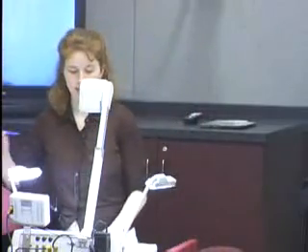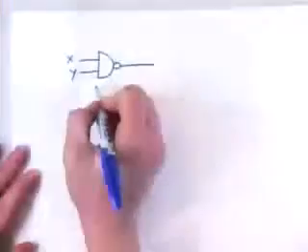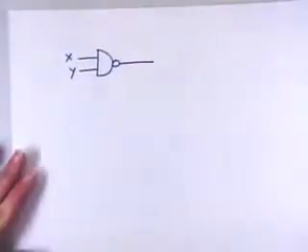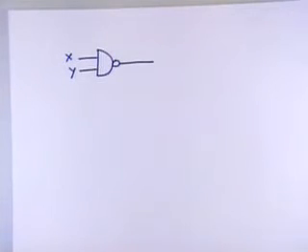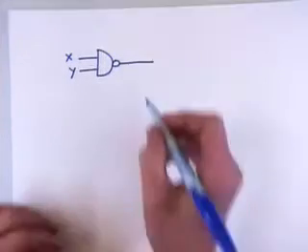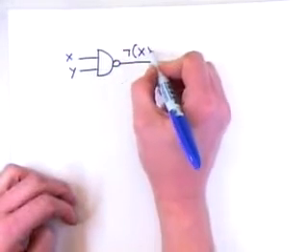Okay, we might also need to negate the output of a gate. So if this is an AND gate and that's a little inverter after the output, what's that output going to be? Not x. It's going to be not the quantity xy.